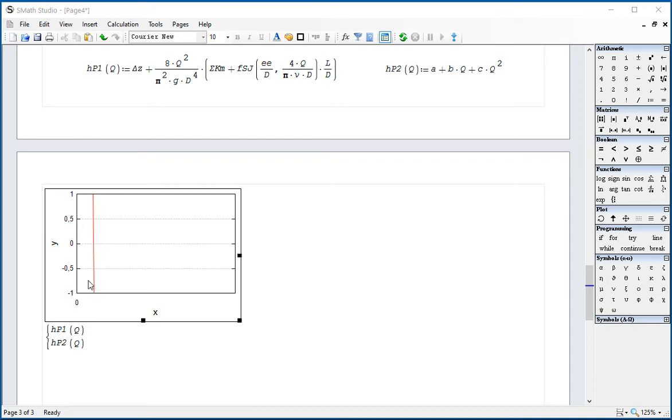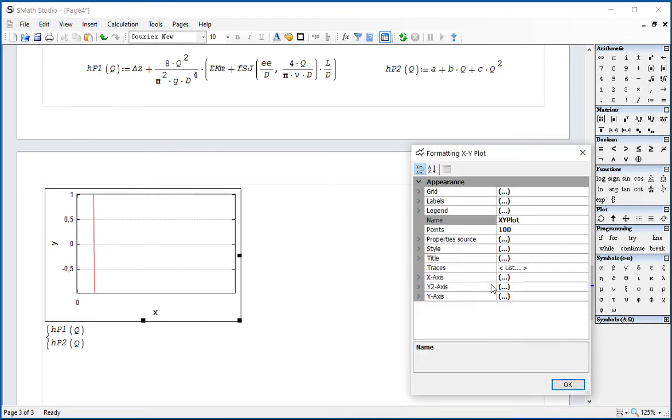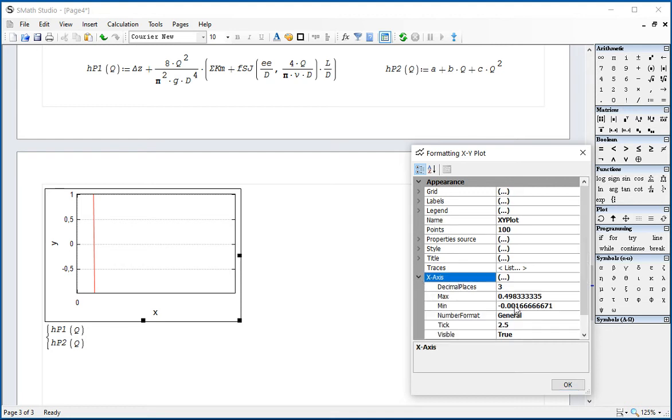This is not showing much of a variation, so I'm going to make that x-axis even lower and go to a maximum of 0.05, from 0, in increments of 0.01. Okay, so that's better.